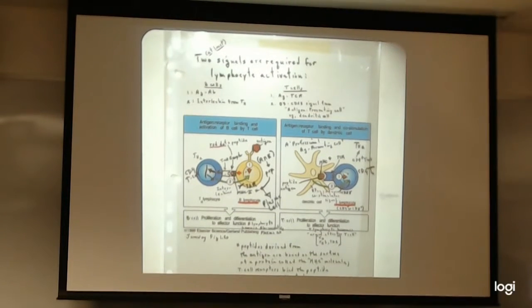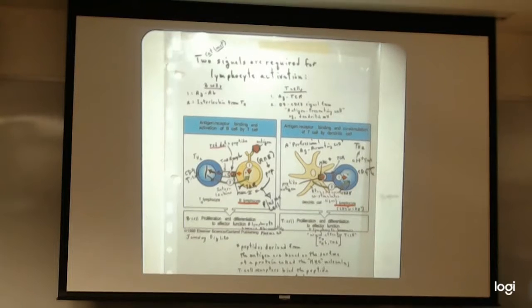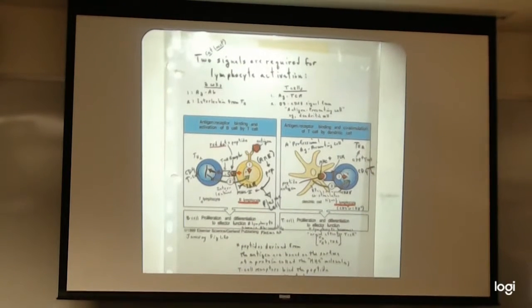Then having amplified the numbers of it, they'll then differentiate into armed effector T cells or so-called plasma cells that secrete antibody. To start and to do that whole program of proliferation and differentiation, you want to be darn sure that it's really foreign and not a self-antigen. You don't want to be launching an autoimmune response. Hence, at least two signals.